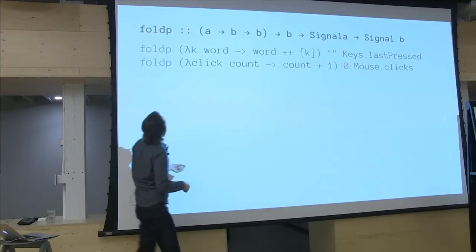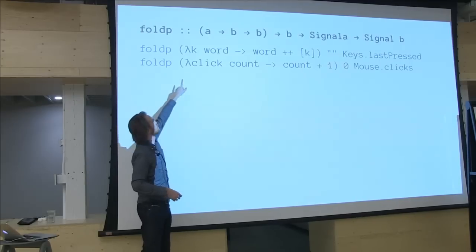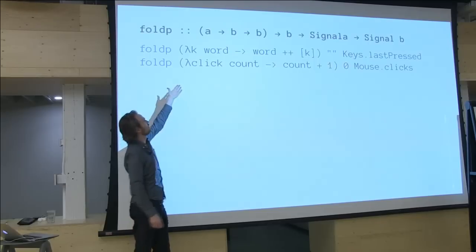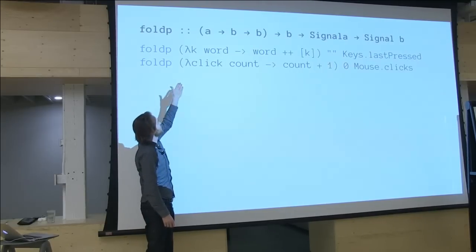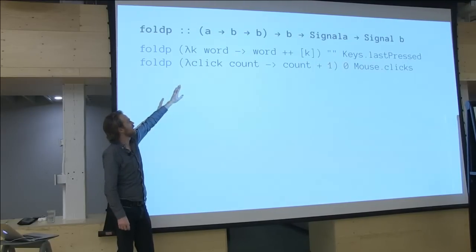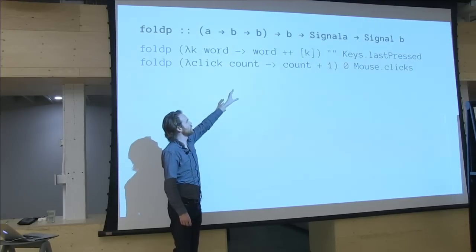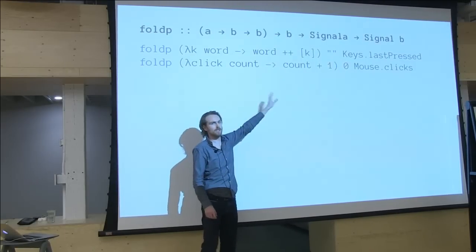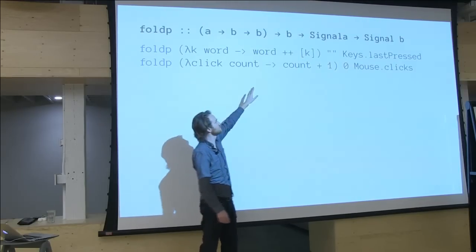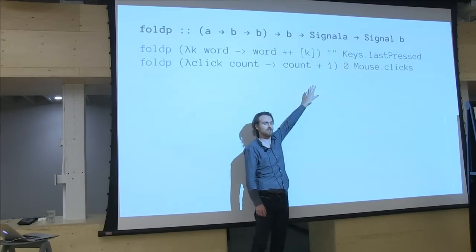Here's a way of writing anonymous functions, which I didn't mention before, but that's how you do it, at least in the paper. Here we have a function that takes some value k and a word and returns the word with k appended to it. K is a character, actually, and a string is like a list of characters. The base case is the empty string.